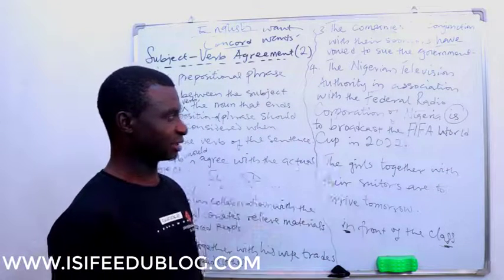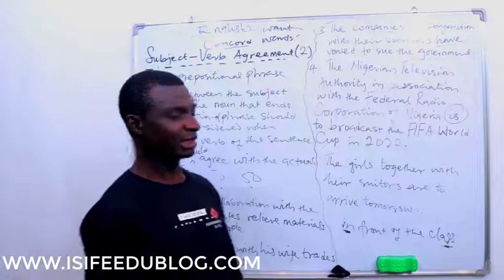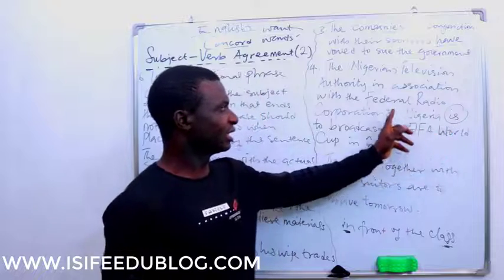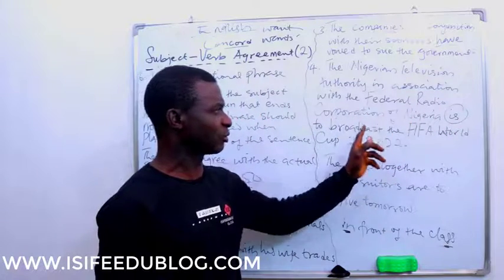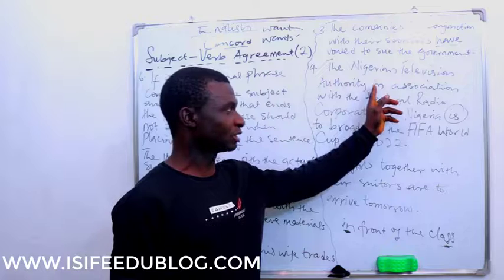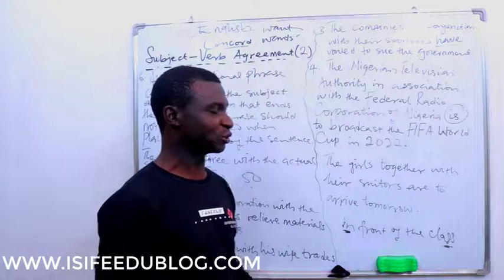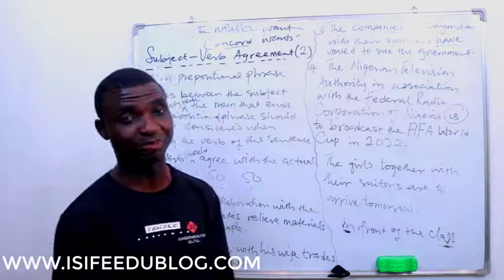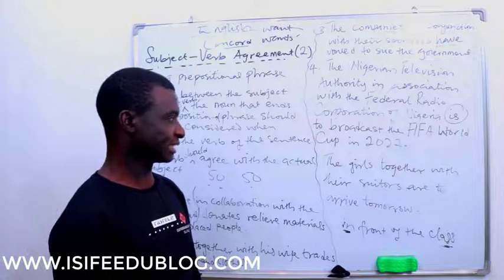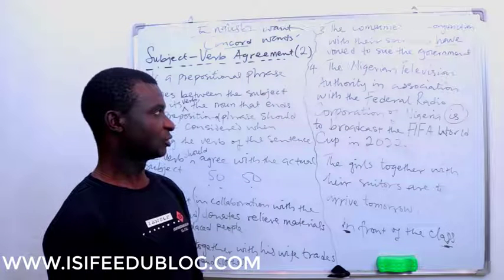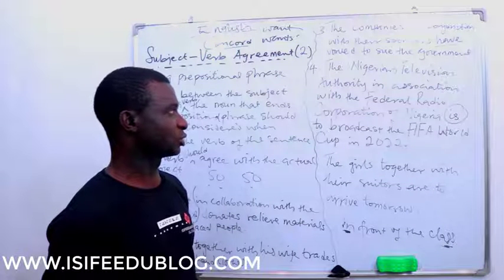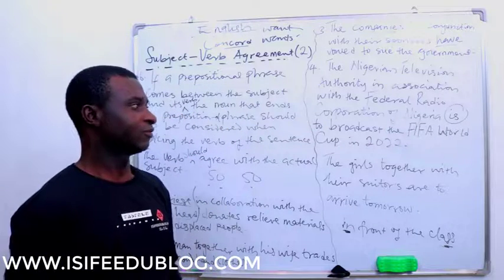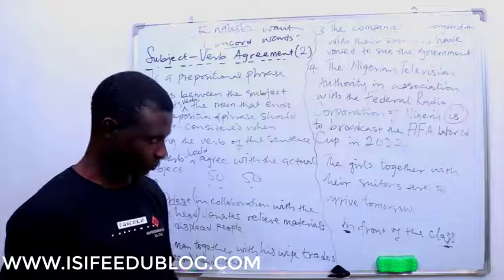Bringing the radio counterpart is to complement its effort. So it is. In association with the Federal Radio Corporation of Nigeria is what? What do I call it? A prepositional phrase. And the noun that ends the prepositional phrase is not considered in placing the verb of this sentence. So the Nigerian Television Authority, in association with the Federal Radio Corporation of Nigeria, is to broadcast the FIFA World Cup in 2022.